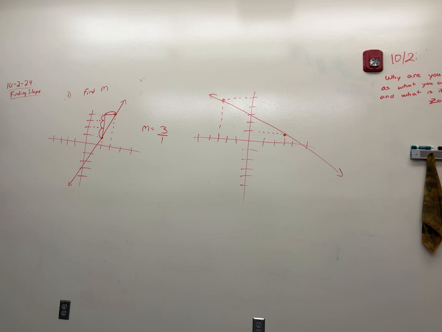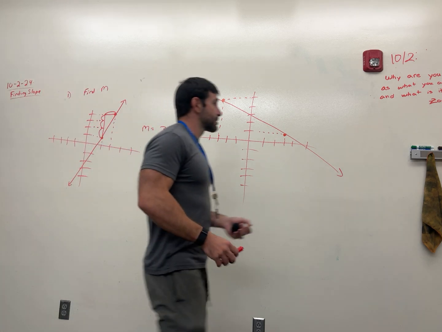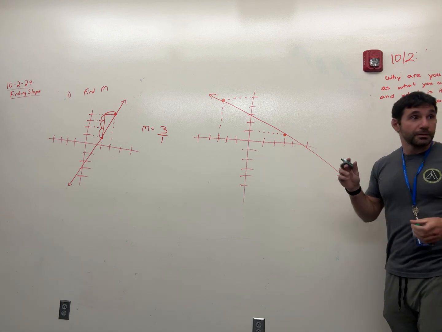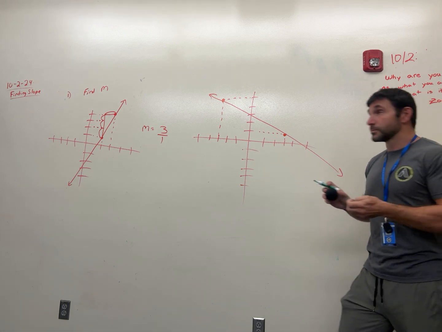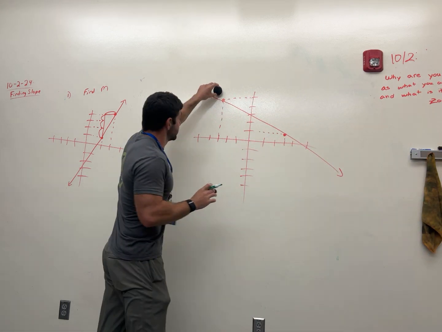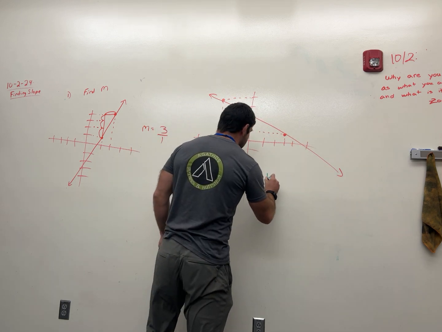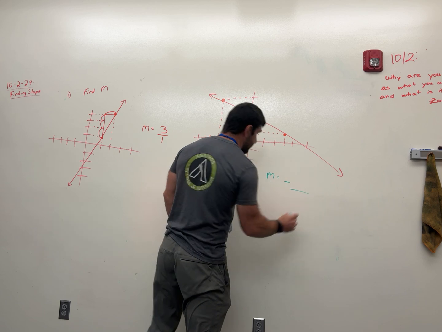Okay, so here's my first question. Just by looking at this line, what do we know about the slope? It's negative. Why? It's going what? From left to right, it's going downhill. The ball would roll down. So I can say m equals a negative fraction.